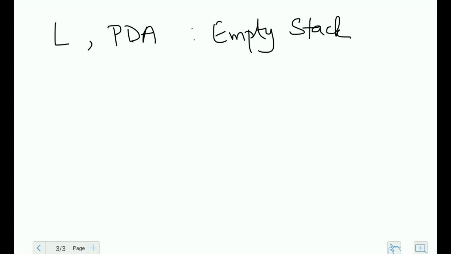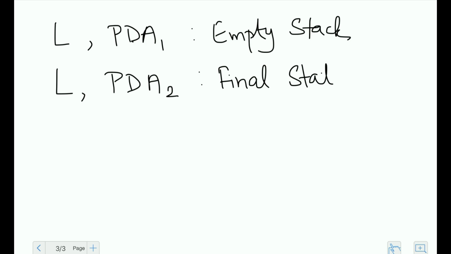So if I have a language L and a pushdown automaton exists which accepts it by empty stack, then we can always draw another pushdown automaton. So let's call the first one PDA1 and PDA2. So for the same language, I can always draw a pushdown automaton which will accept the string by final state. So this is actually when they are equivalent. And what happens is, in case of non-deterministic automata, these two do become equivalent.